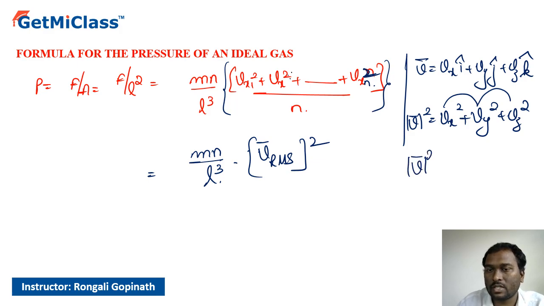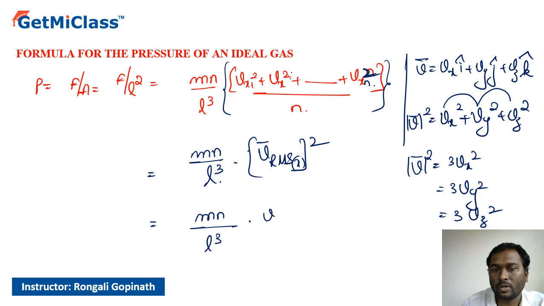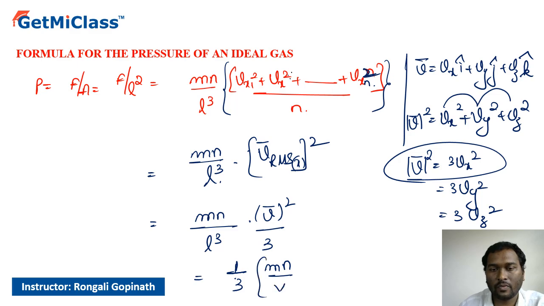So this can be written as 3 times vx square. This RMS is along the x direction, which can also be represented as mn by L cube into v bar square by 3, using the first equation, isn't it? Which would make it 1 by 3 mn by V times v bar square. Sorry, v bar square it is.